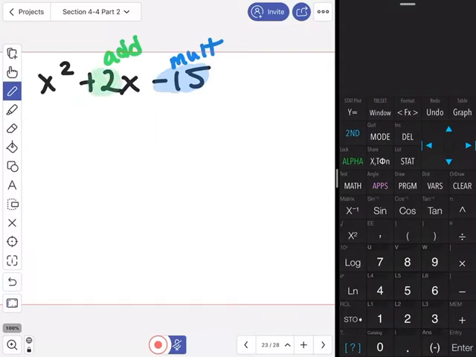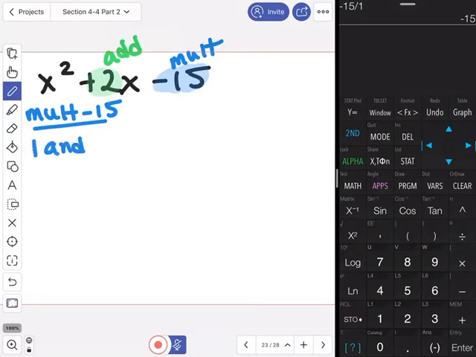So if I start by listing all the numbers that multiply to negative 15, I can start by doing negative 15 divided by 1 gives me negative 15. So I have 1 and negative 15. Then I want to check the negative version. So negative 15 divided by negative 1 gives me positive 15. So negative 1 and 15.